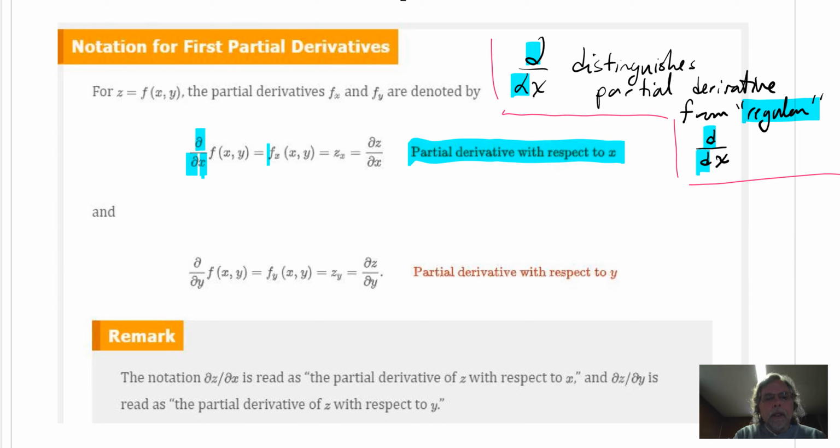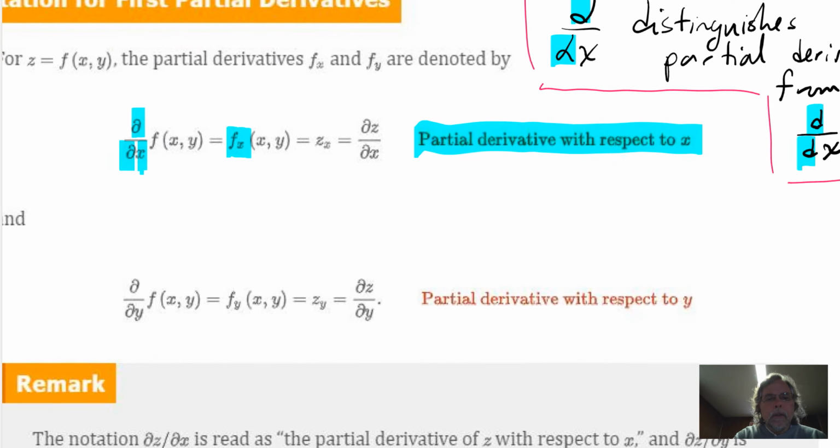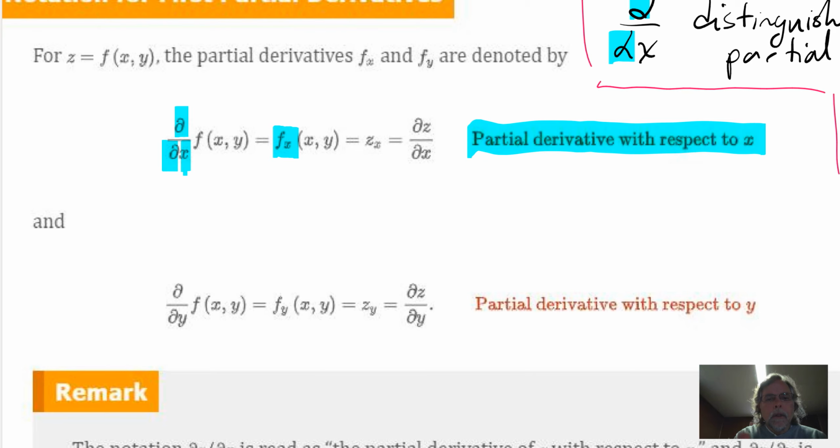It says f sub x, this is subscript x, comma y. So that doesn't really have an analogous thing in regular Calc 1 type derivatives, to use a subscript to indicate differentiation.